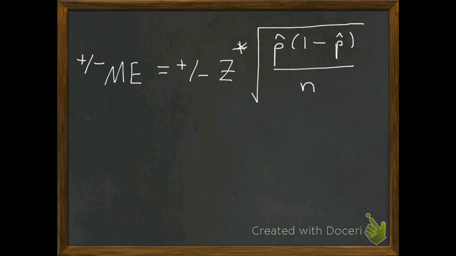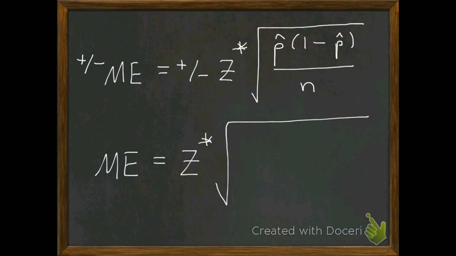And I tell you right now, again, these pluses and minuses, if you start working the problem like that, they're just going to get in the way. So anytime we're doing a calculation that deals with the margin of error, let's just use this.